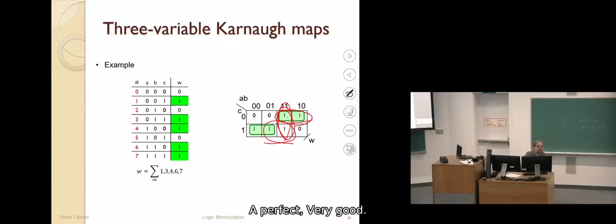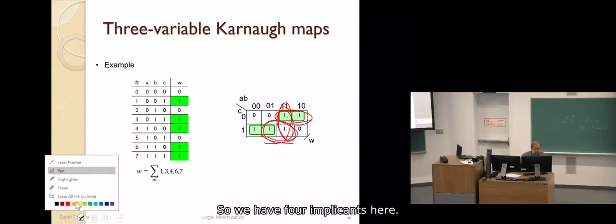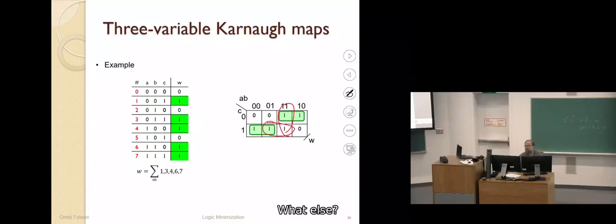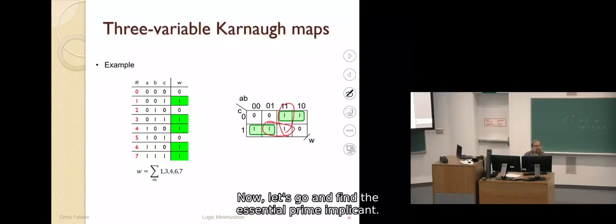BC also, perfect, very good. So we have 4 implicants here. Yeah, these two also are implicant. Very good. So we have 4 implicants here. These two plus this plus this. What else? No, there is nothing more. Okay. Now let's go and find the essential prime implicant.